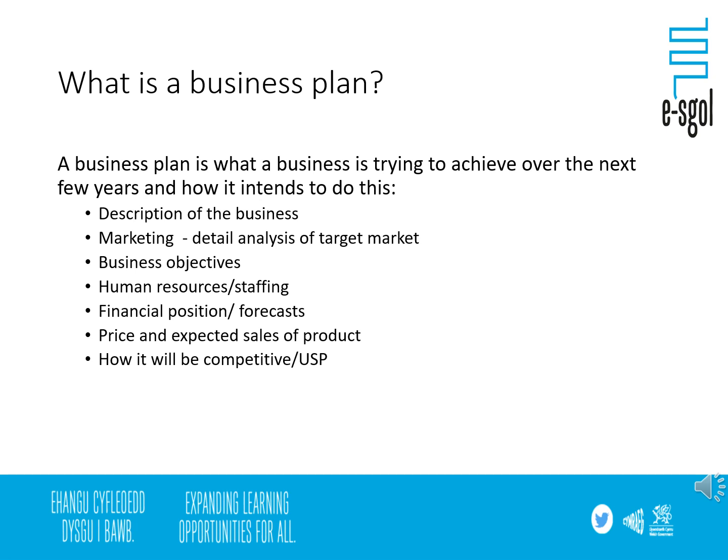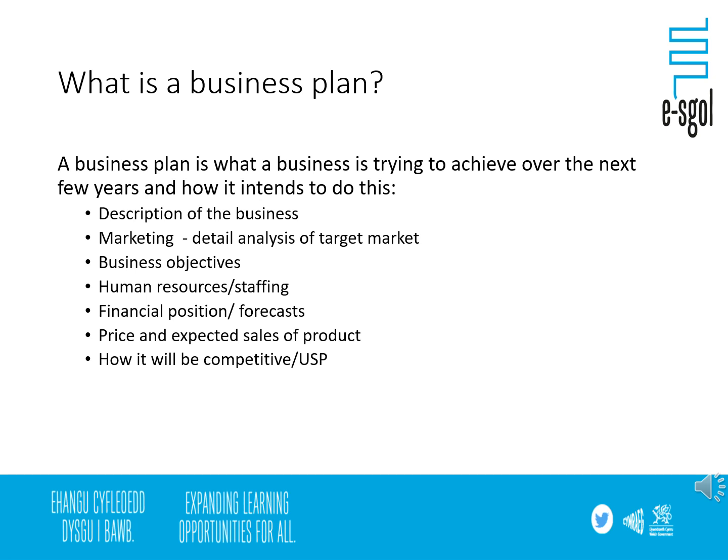If you can remember three or four different things and keep those in your mind, you don't have to remember this entire list. You're going to have a description of the business. You're going to have a marketing section which will detail analysis of the target market, what your marketing budget might be, and how you're going to promote it. You've got your business objectives and aims.